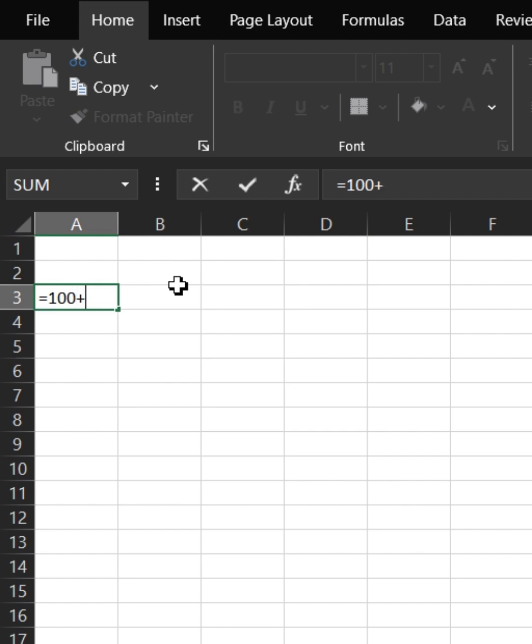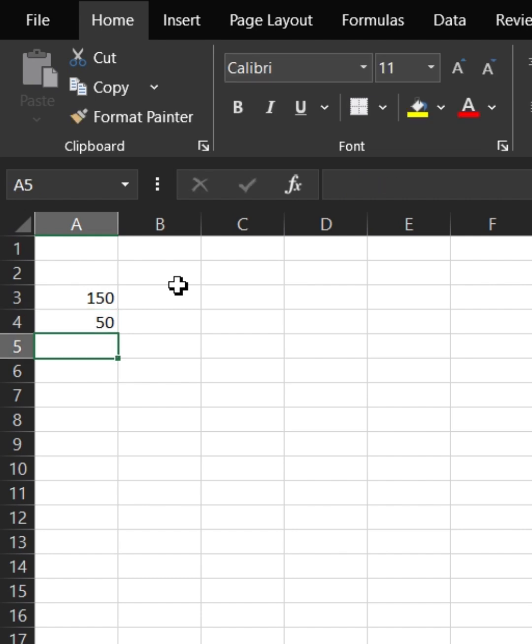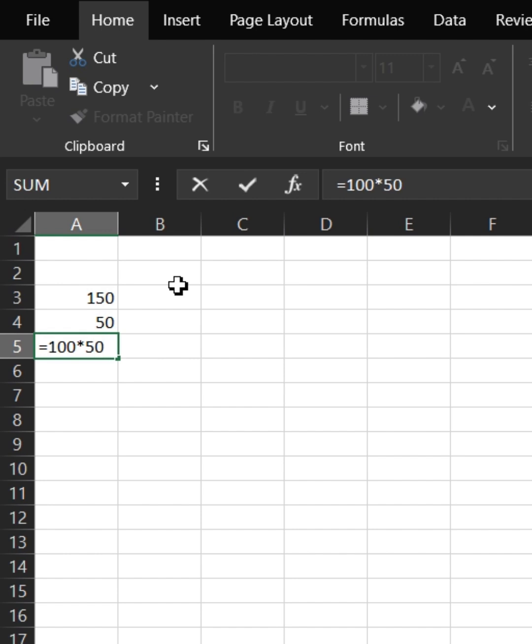So 100 plus 50, which gives you 150. If you want to subtract, 100 minus 50. If you want to multiply, 100 times 50. And then finally, if you want to divide, 100 divide by 50.